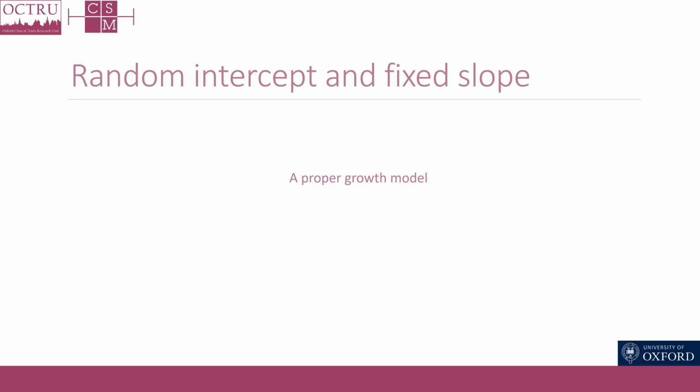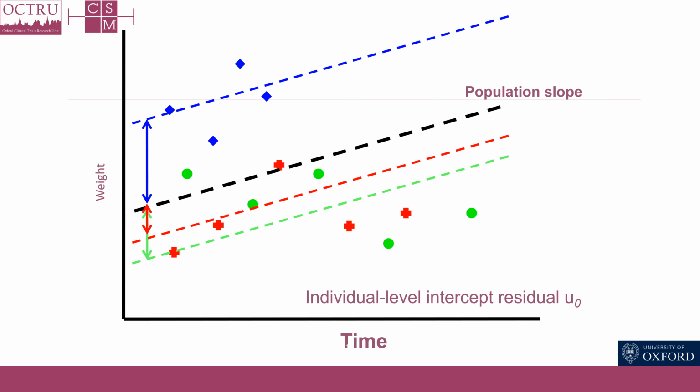So let's describe a random intercept and fixed slope model. A random intercept model is a model where each individual is allowed to have its own intercept. We have now introduced time in the fixed part of our model. A fixed part has an intercept and a slope.